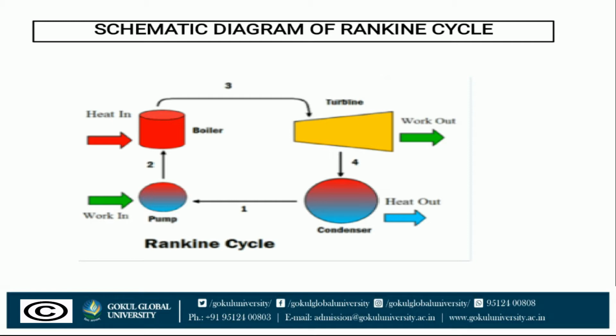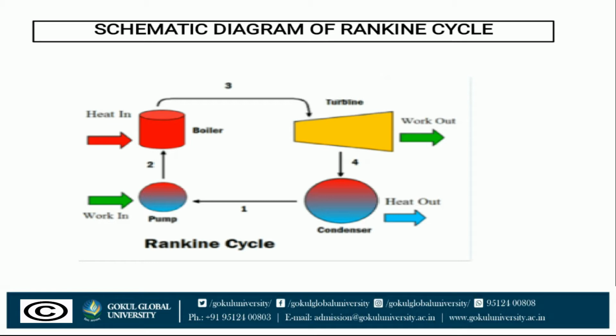Now we are starting with the working of the steam power plant. The steam power plant basically works on the Rankine cycle, in which steam and water is the working fluid. In the boiler, steam is generated from water by using the heat of flue gases, which is produced by burning of coal.